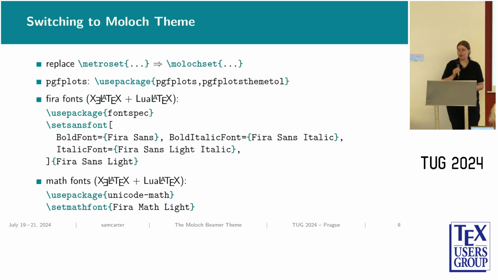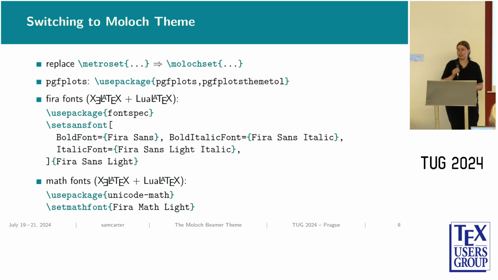Another very visible change from Metropolis to Moloch is probably the fonts. The Metropolis theme had this special feature that if you compile it with XeLaTeX or LuaLaTeX, it used the Fira Light fonts.